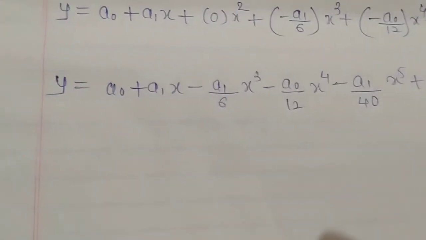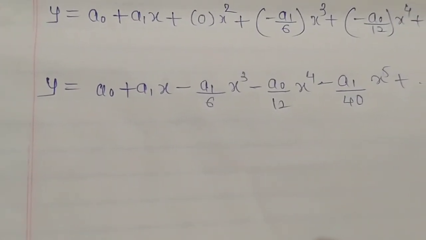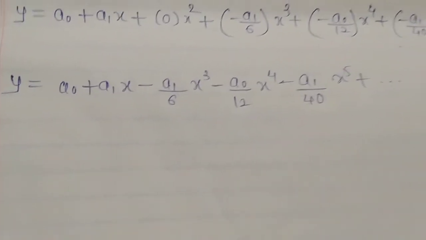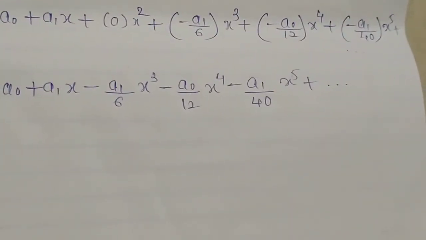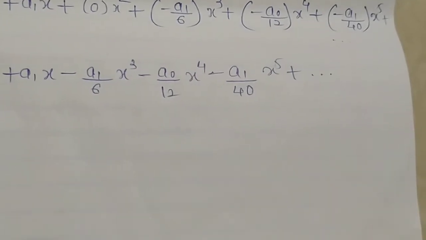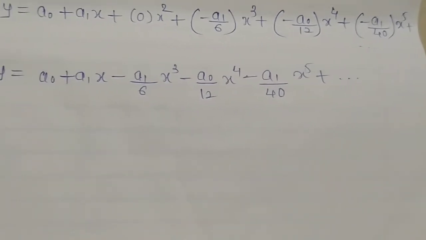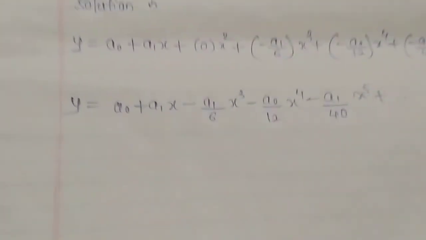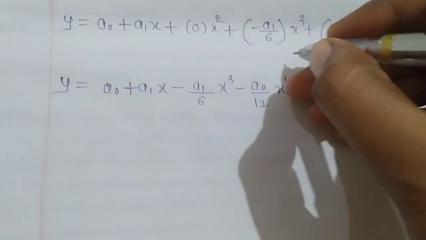After simplifying this, I will get y is equal to a0 plus a1x minus a1 by 6 into x cube minus a0 divided by 12 into x raised to 4 minus a1 divided by 40 into x raised to 5 and the other higher terms. And this is our solution for the given differential equation.